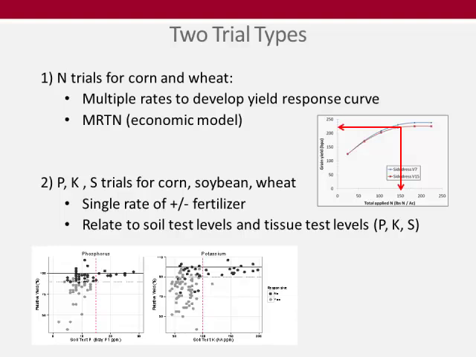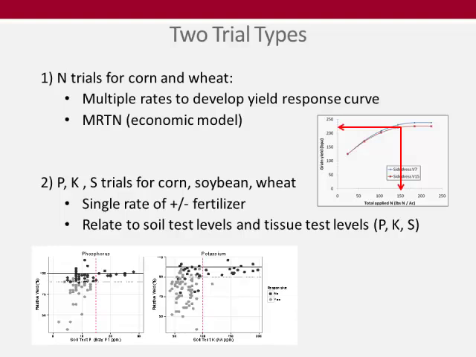For phosphorus, potassium, and sulfur in corn, soybeans, and wheat, it's really just a single rate. It's a plus or minus: unfertilized versus fertilized. The ultimate goal is to relate soil test level to a tissue test level to relative yield. This is data that went into the original tri-state recommendations from Ohio.